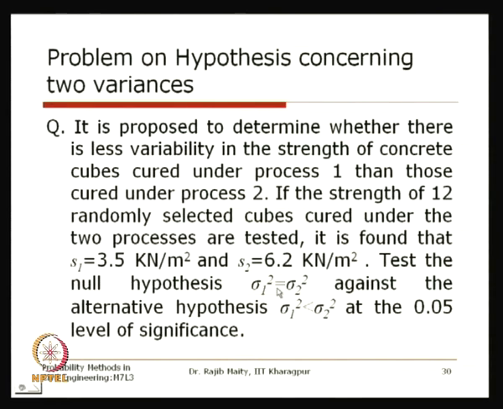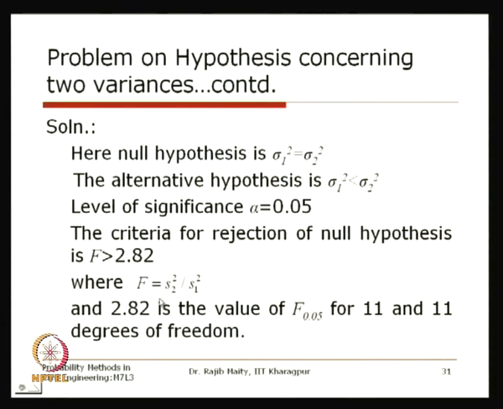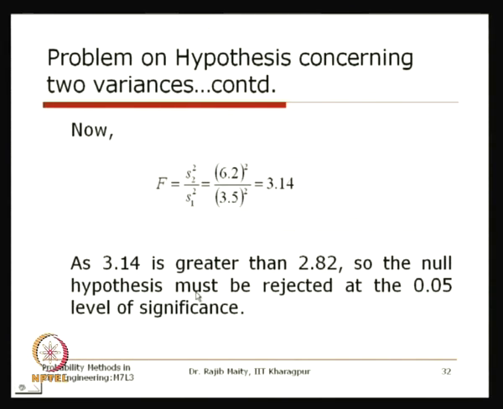So, S2 is greater. If we use this test statistic, S2 square by S1 square, anyway in this case both the sample sizes are the same. So, here the test statistic comes to be 3.14, and as this 3.14 is greater than 2.82, the null hypothesis must be rejected at the 0.05 level of significance.